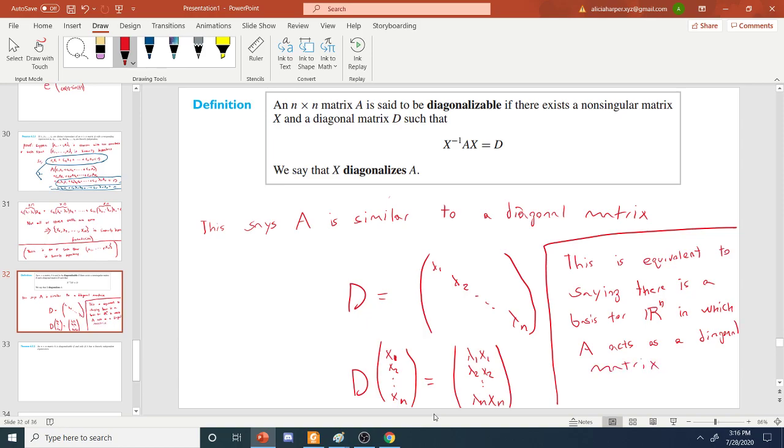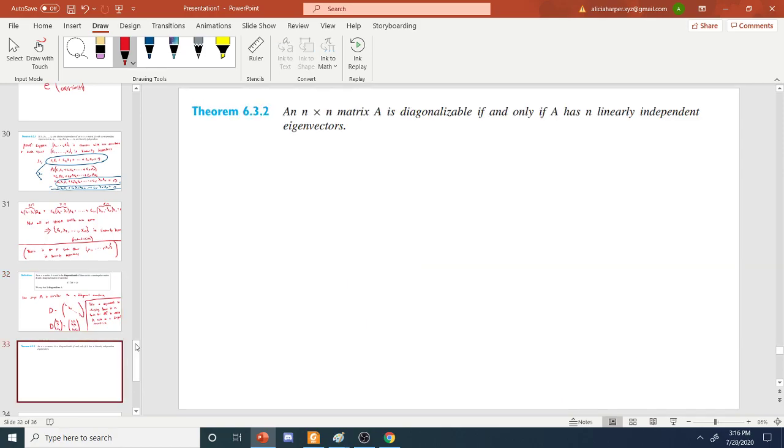Now we want to understand the relationship between diagonalizability and eigenvectors and eigenvalues. This is given by the following major theorem: an n by n matrix A is diagonalizable if and only if A has n linearly independent eigenvectors.